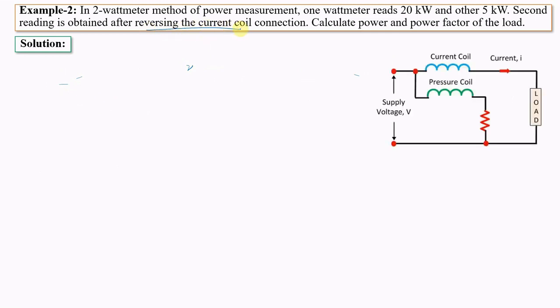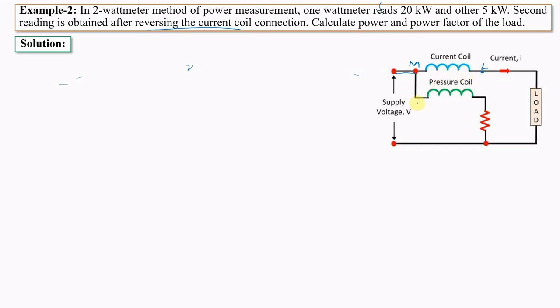If we see the connection diagram of the wattmeter in a single phase circuit, we have already seen this figure. There the current coil is connected in series. Remember one thing, the terminals of the current coil are represented by M and L, where M is connected with the supply side and L is connected with the load side.